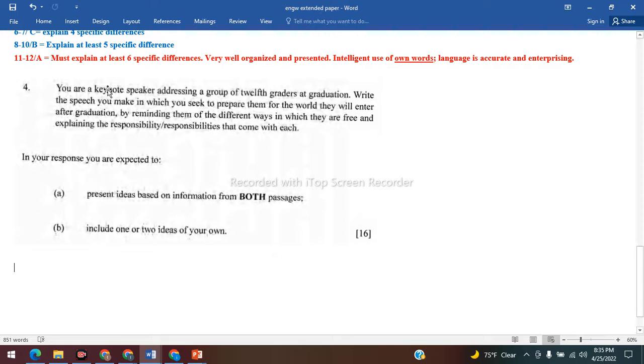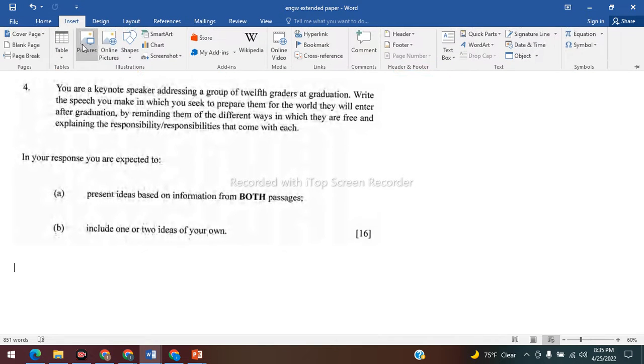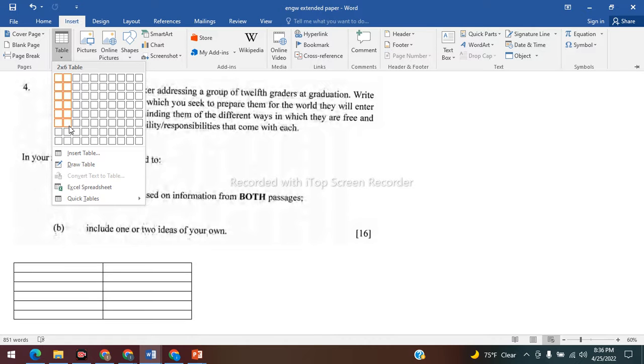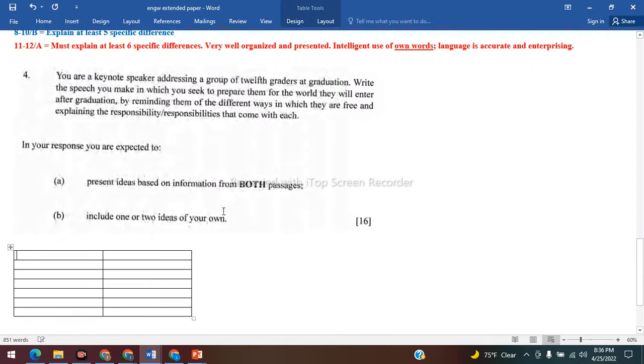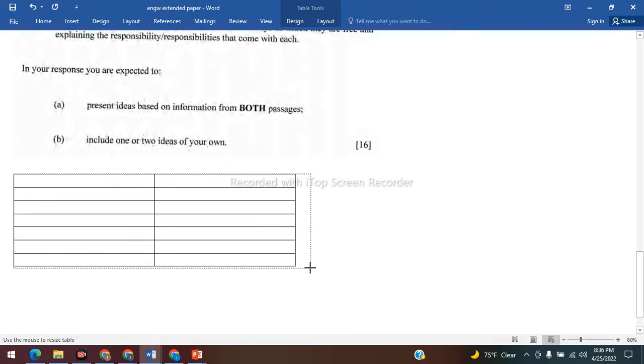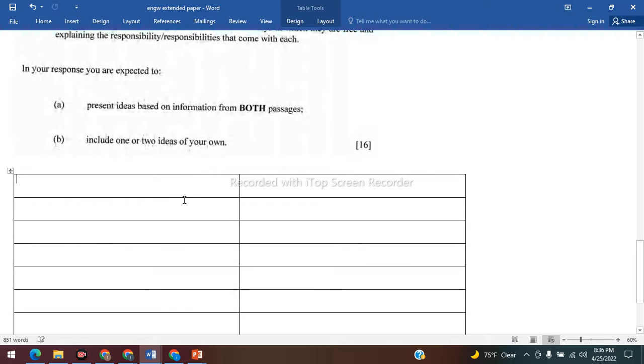Therefore, we are going to have to draw a table with two columns, because we have to tackle the two questions that are asked. The first one is the ways in which they are free, and the second one is the responsibilities that come with being free.